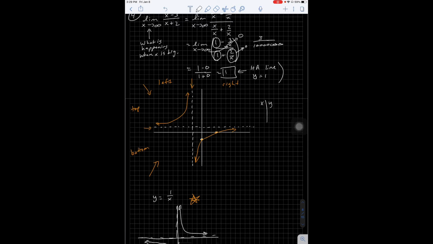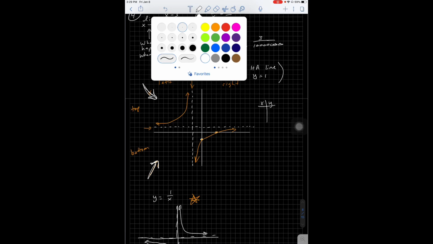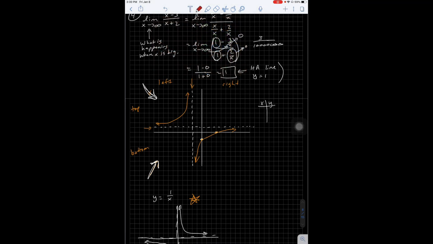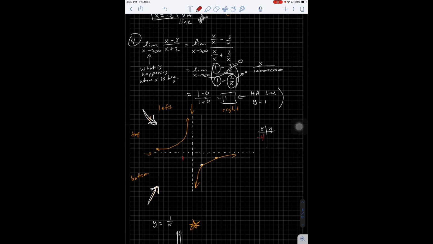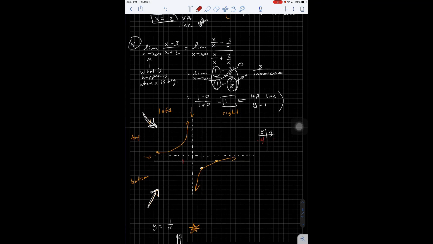But if you weren't sure whether we were going to be up here in the upper left or down here in the lower left, you could plug in a point, like let's say -4. If I plug -4 into the original function, I would get -7 over -2, which is a positive 3.5.